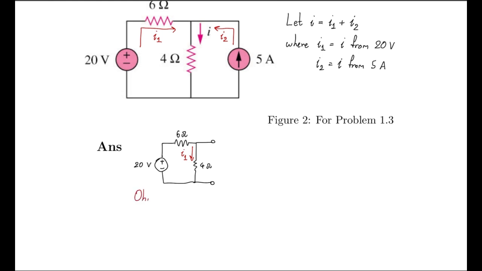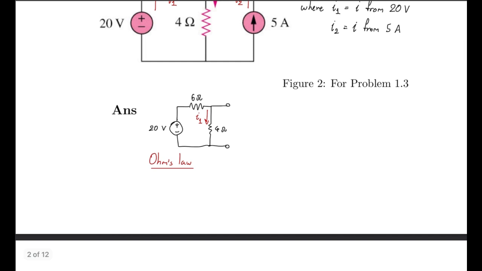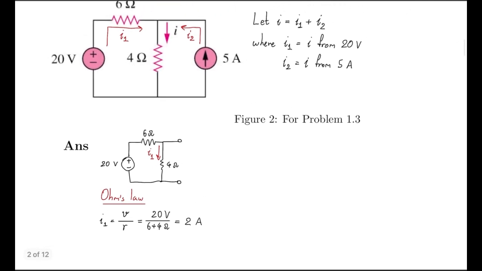Thus we can find I1 using Ohm's law, current equals voltage over resistance. In this case, the voltage is 20 volts, and the resistance is 6 plus 4, which is 10 ohms. Therefore, we obtain that I1 is equal to 2 amps.